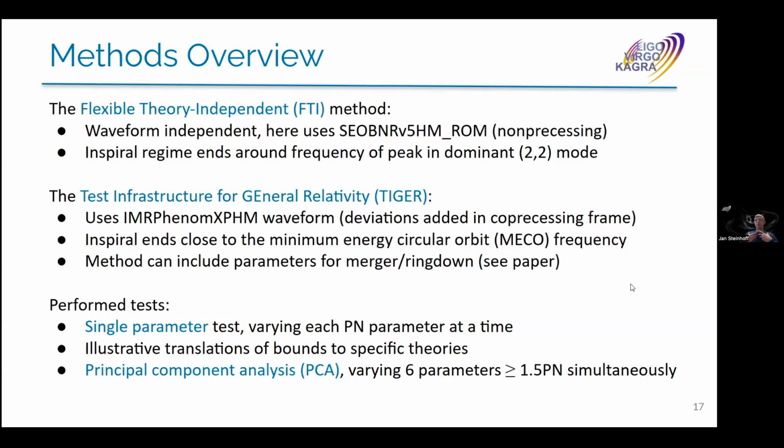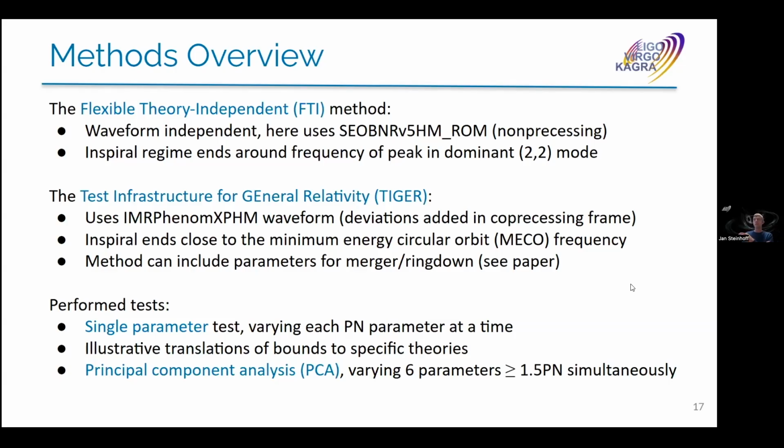The other method is the test infrastructure for general relativity, or TIGER. This method is built into the phenomenological waveform models in the sense that the waveform model itself has parameters where it imports the knowledge of the post-Newtonian approximation for the phase. And those parameters then can be directly modified and one can sample over them. Effectively, this means the corrections are introduced in the co-precessing frame, but precession is allowed in this test.